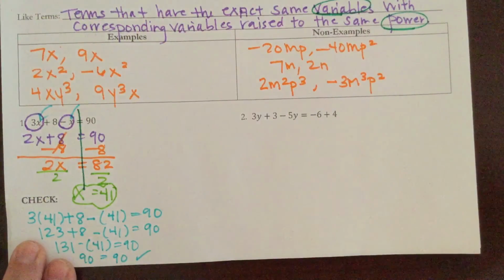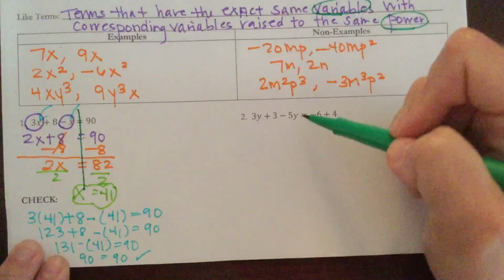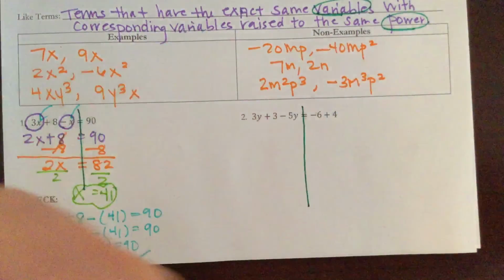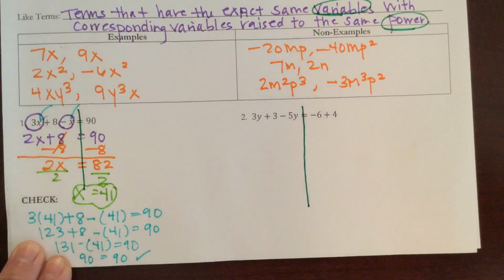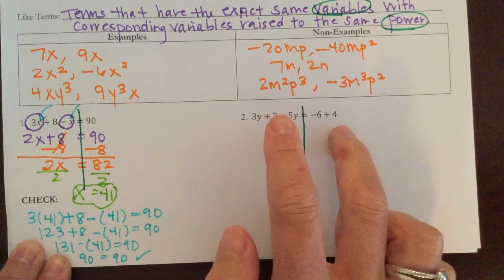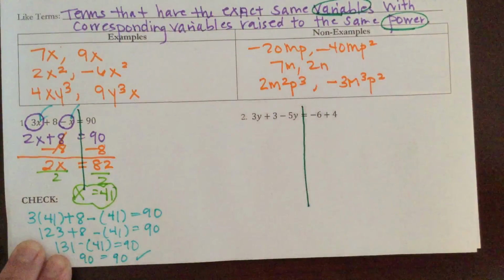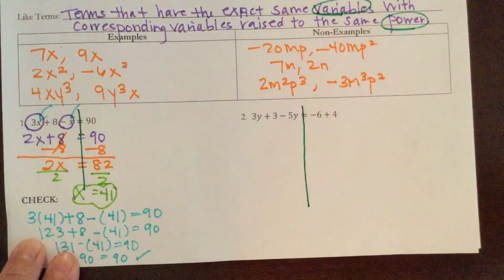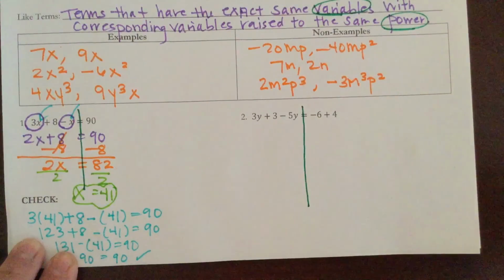A second example involving like terms. Draw your line. Step 1 asks us to complete the distributive property. There is nothing to distribute on either side. Step 2 says remove fractions or decimals. We have no fractions or decimals. Step 3 asks us to combine like terms.